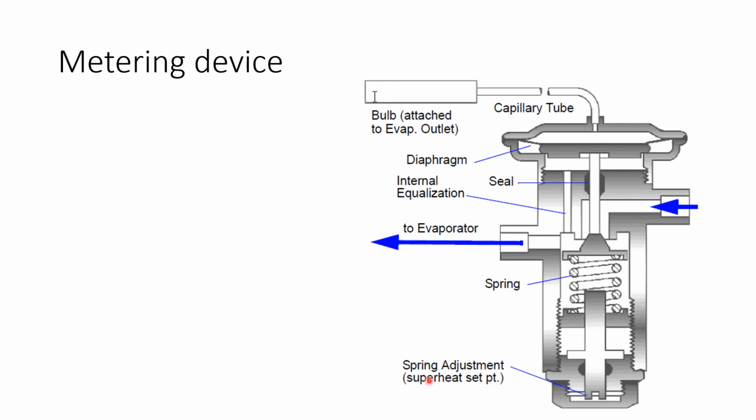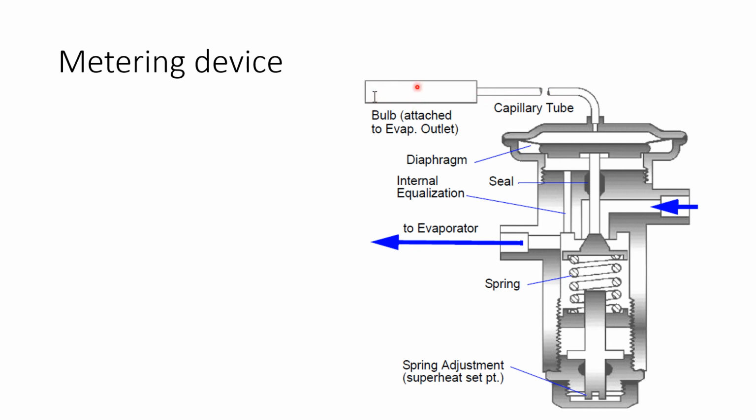Down here, you will notice there's a spring adjustment, and it even says superheat set point. I want you guys to ignore that for a second. There's a spring that's located in here, and up here, there's a diaphragm that moves. Coming on top of the diaphragm, there's a capillary tube, or really small copper tube, and a bulb.